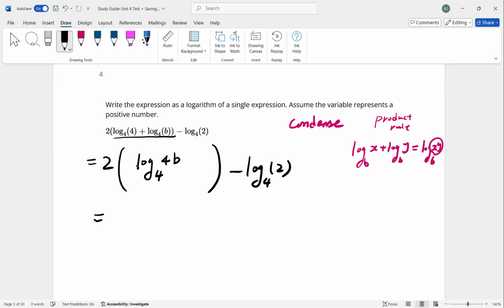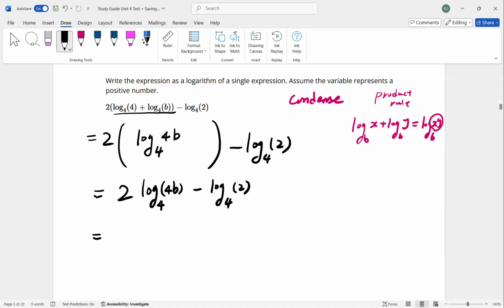And continue. Now we do not need the parentheses anymore. We have 2 times log with base 4 of 4b, minus log with base 4 of 2. Keep condensing. We need to take care of these two. By the power rule, we can move the 2 back inside the argument.